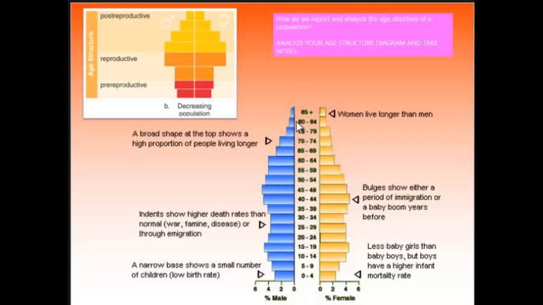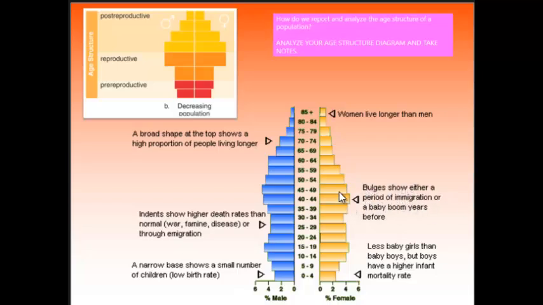If they're up high, that means we have a population that is living longer. If we compare the male side to the female side, that shows us the pretty obvious one worldwide: women are living longer than men. And if we have a very broad shape at the top, it means that people are living longer in this population group.